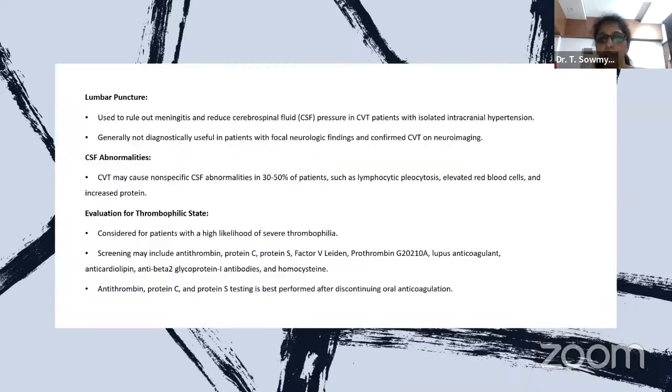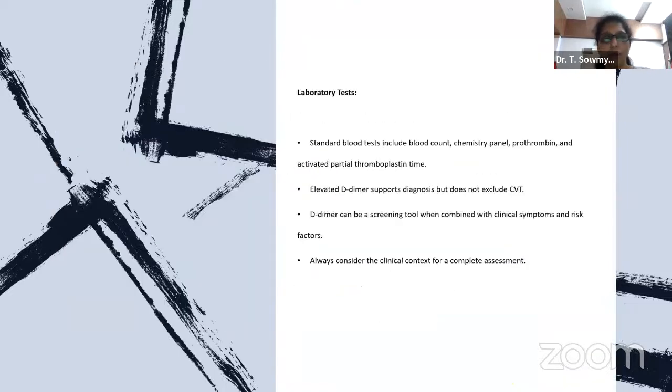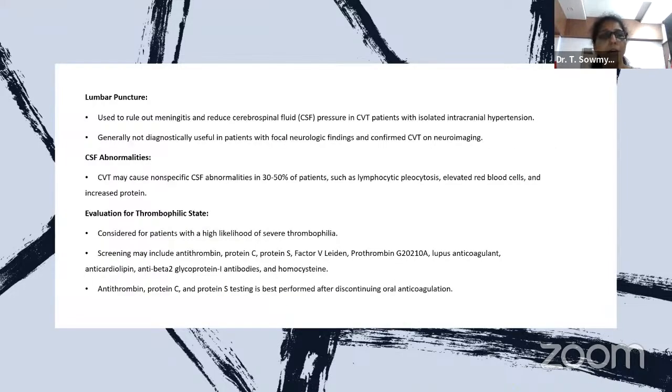Coming to the other tools of investigation, lumbar puncture. It can help to rule out meningitis, and also it helps to relieve the intracranial pressure in isolated intracranial hypertension, but it is not a diagnostic tool.